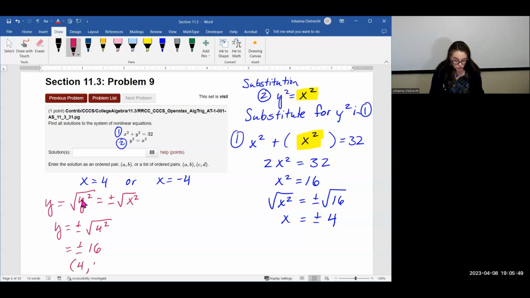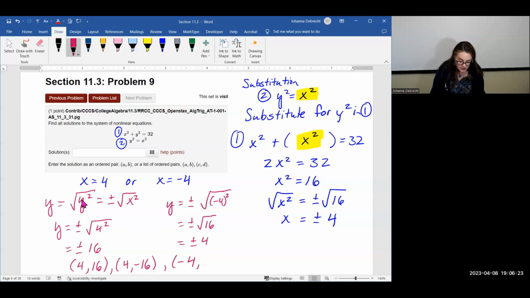So I get 2 ordered pairs, 4, 4 and 4, negative 4. And then when I substitute for negative 4, because I'm squaring it first, I actually end up with 16 again underneath the radical. It's squared before we applied the radical. So this gives me plus or minus the square root of 16, which again is plus or minus 4. So this gives me 2 more possible solutions.